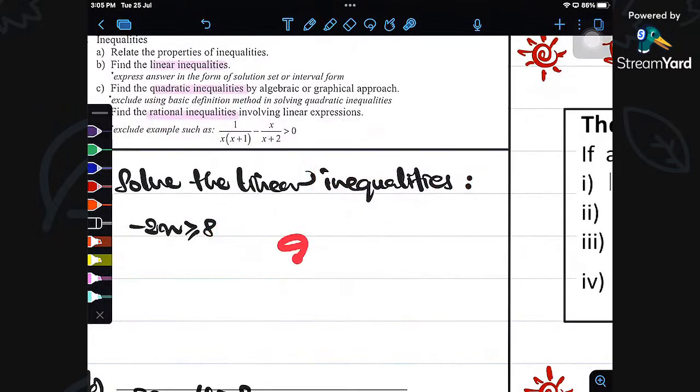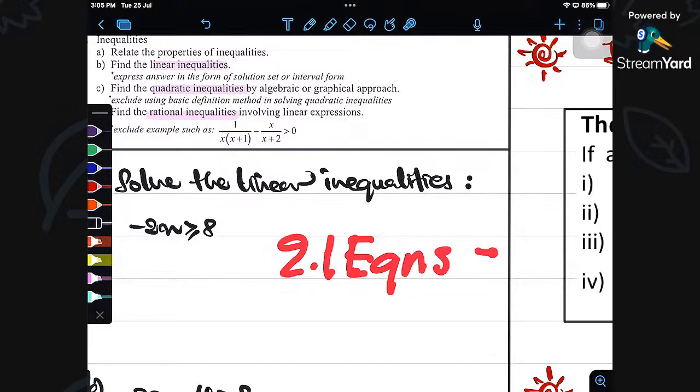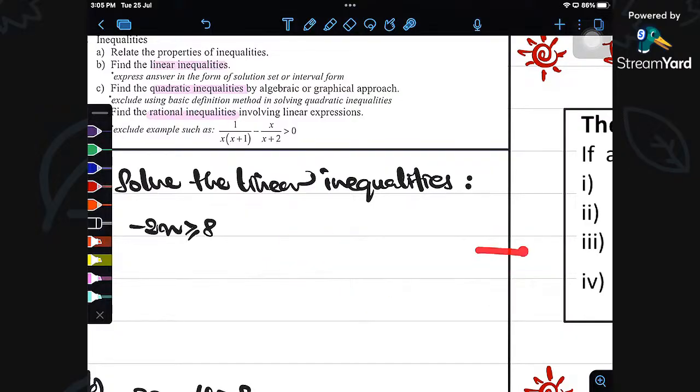So basically, in 2.1 equation, the symbol is always equal. You agree? So the equal sign is everywhere, when they ask you to solve equations problems, right? And of course, the question must have this sign here for every equations problem.